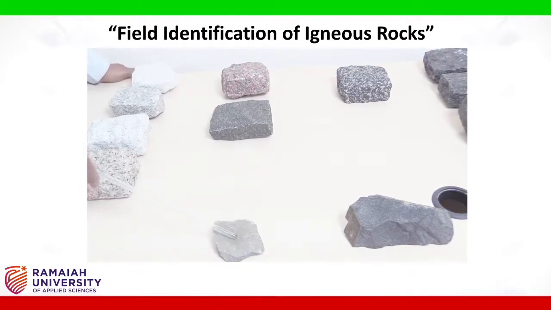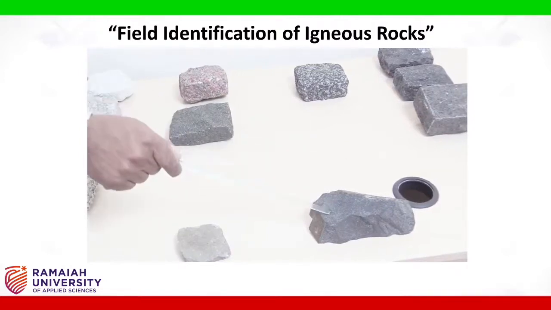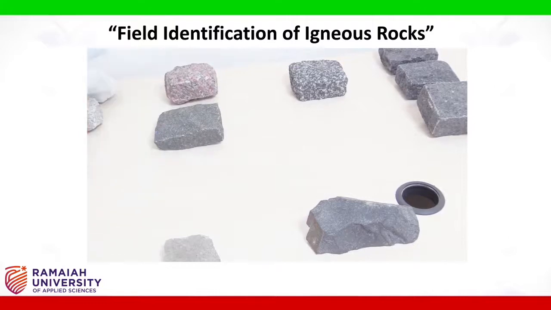However, chemical analysis helps us in identifying the SiO2 percentages. They are the intermediate igneous rocks of volcanic origin. Similarly, the basic igneous rock of volcanic origin is basalt, similar to gabbro here, and dolerite.